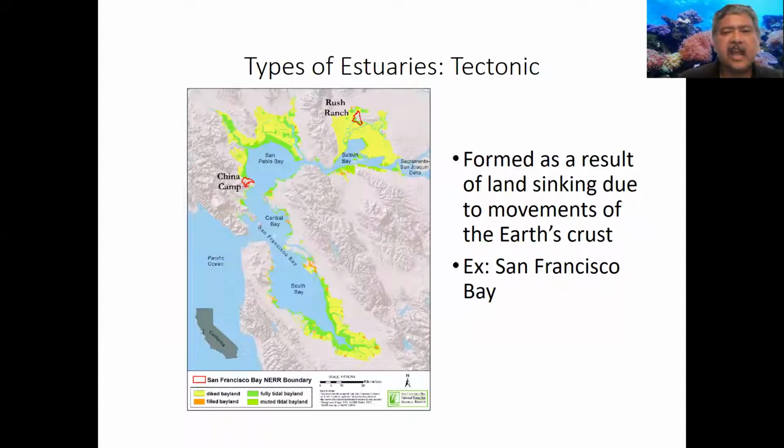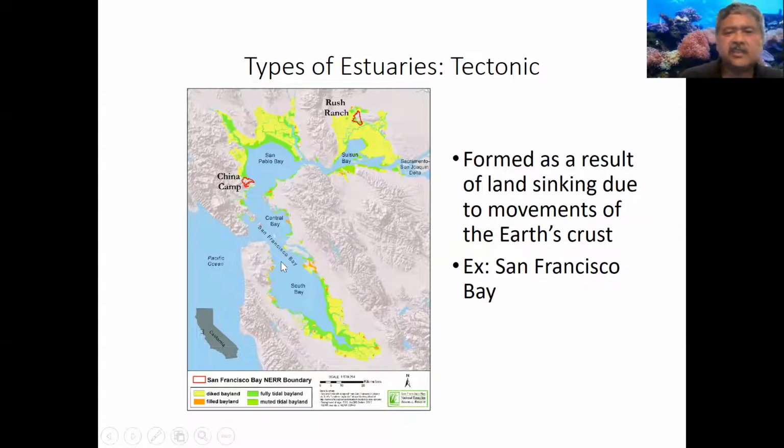I just live 2 hours south of San Francisco Bay, and there's many mud flats right here and salt marshes. These estuaries are called tectonic estuaries, formed as a result of land sinking due to movement of the Earth's crust.